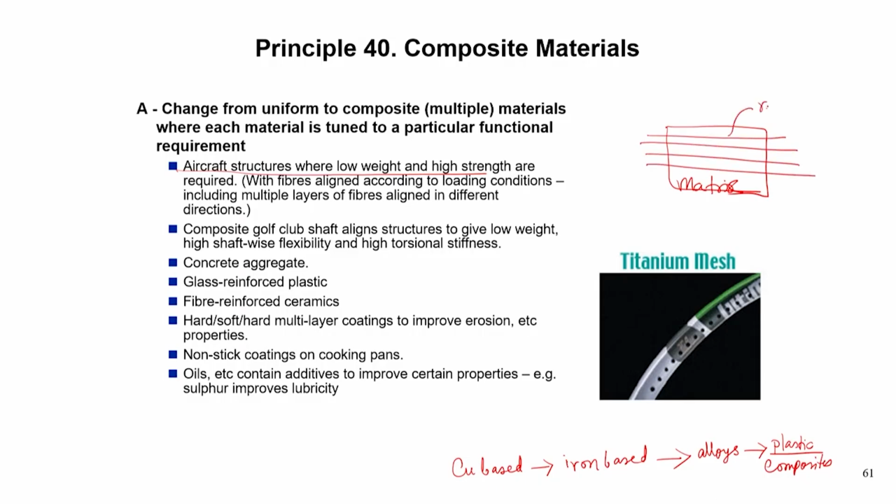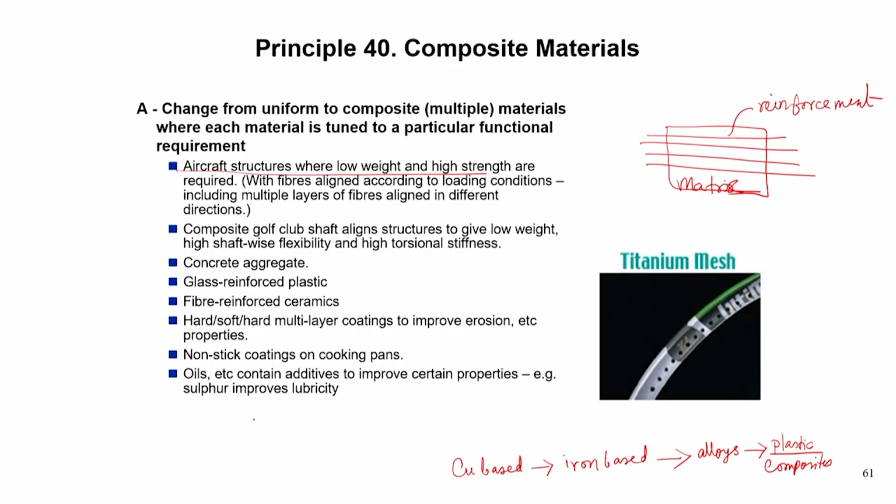So, this is the reinforcement. What is the role of the matrix? The matrix actually holds the system together. And what is the role of reinforcement? Reinforcement increases the property of the material.